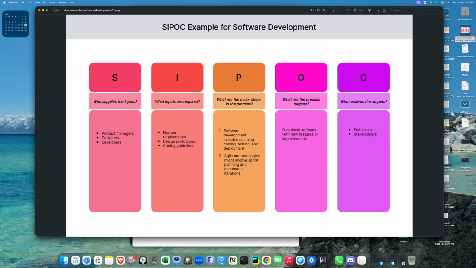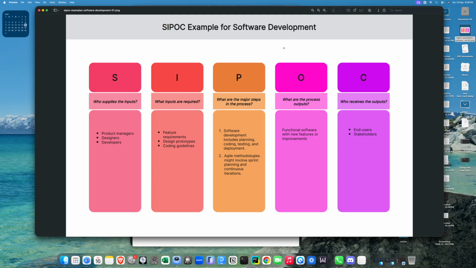I'll give you a very easy example, because this might look complicated in a way. Just imagine in S, in supplier, there would be a restaurant, right? Input would be food order, like a customer would order food.